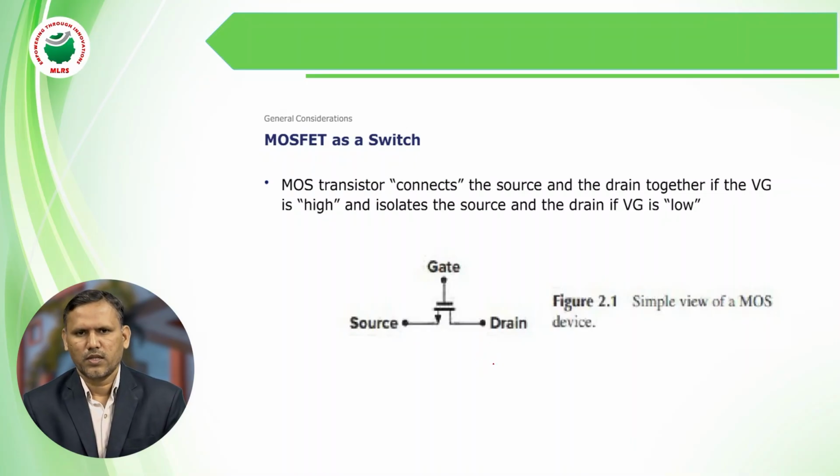And if the gate is 1, then it acts as a short circuit in NMOS. On the other hand, if the gate terminal is 0, then it acts as a short circuit in PMOS. And if the gate is 1, it acts as an open circuit in PMOS. So this is the significance of MOSFET as a switch.